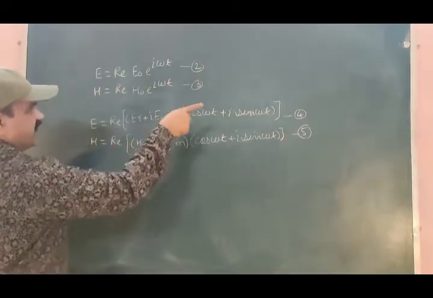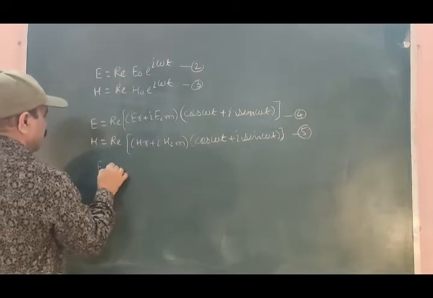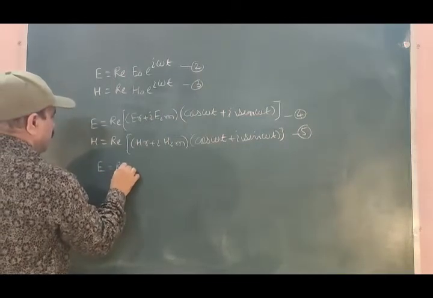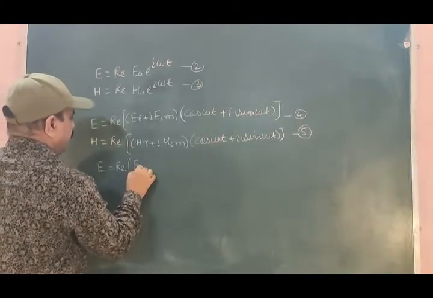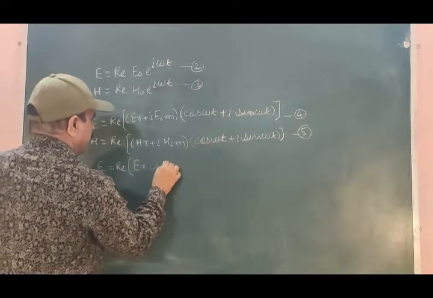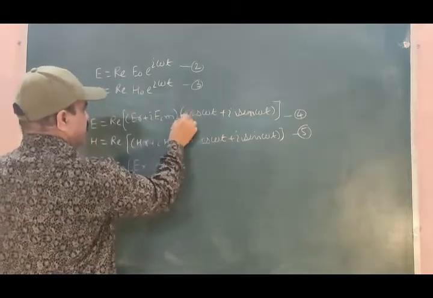Let us first consider equation number 4. E is equal to the real part of ER cos omega t, this multiplied by this.